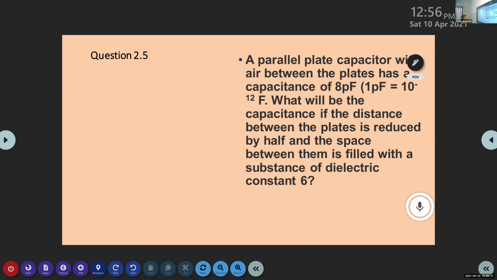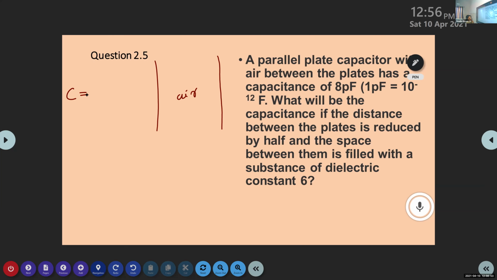So we can consider a parallel plate capacitor. This parallel plate capacitor is separated by air. So air is the medium of separation between the parallel plates. And what is the capacitance in this case?